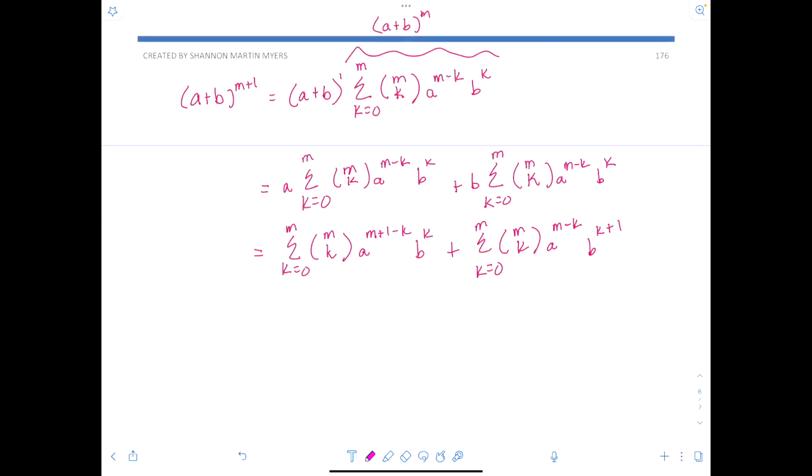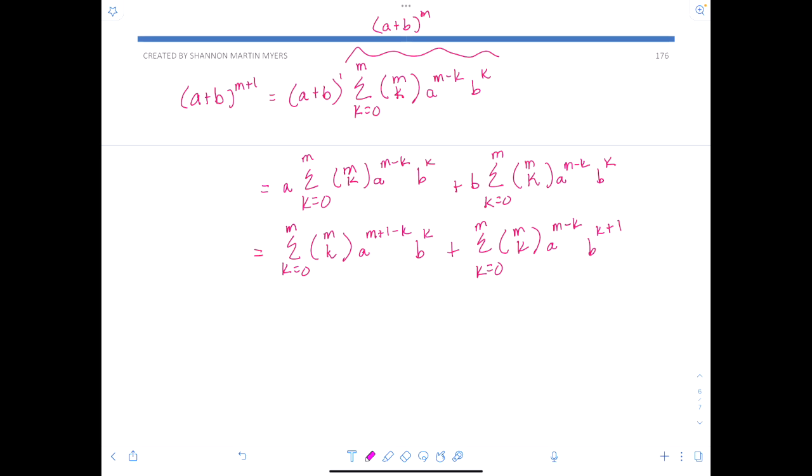Now this all looks really great, right? But we want m plus 1s. Wherever there was an m, we want there to be an m plus 1. So that first summation has m plus 1 in the power for a, but the second one does not.